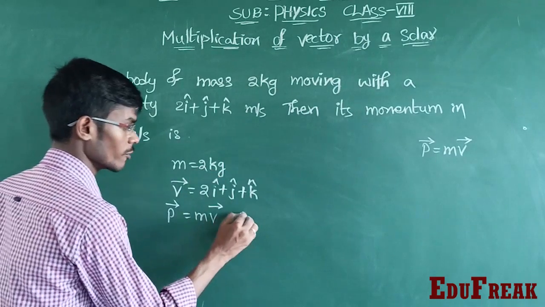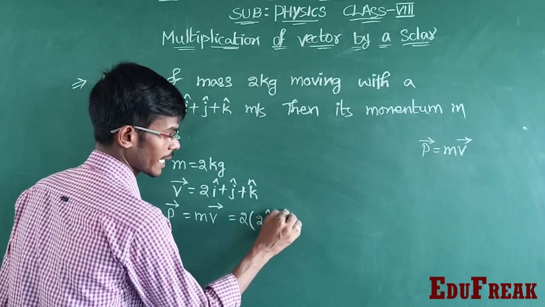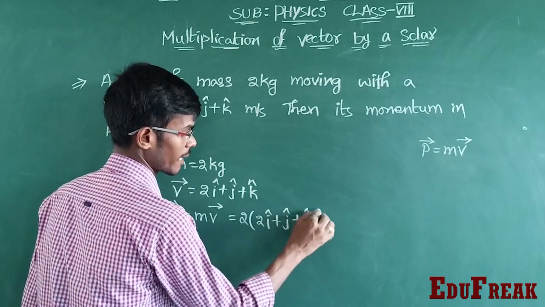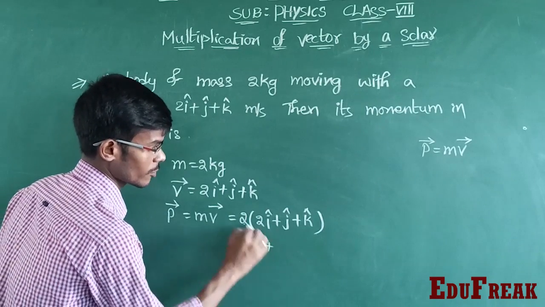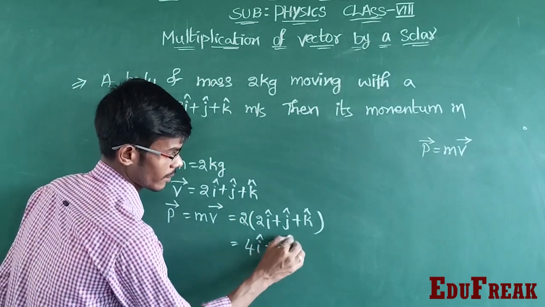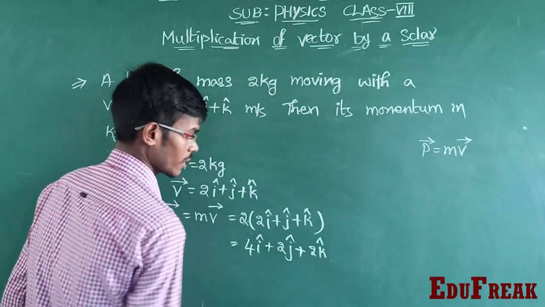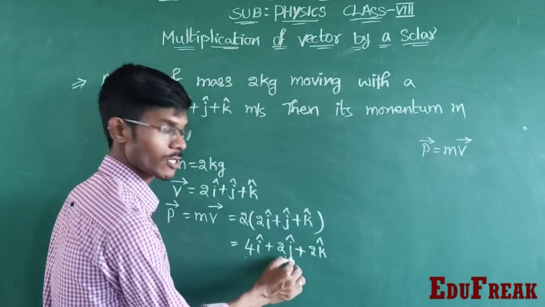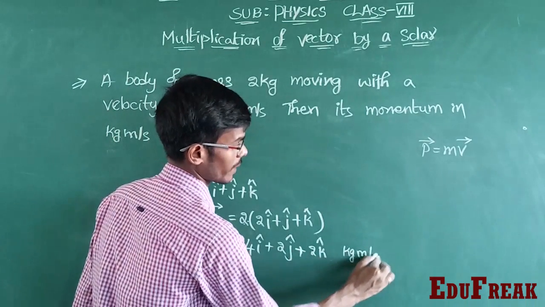Then what is the m value? 2 into 2i cap plus j cap plus k cap. So 2 twos are 4i plus 2 into 1 is 2j plus 2 into k is 2k. So this is 4i plus 2j plus 2k kilogram meter per second.